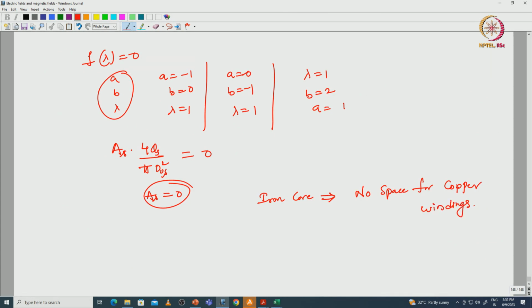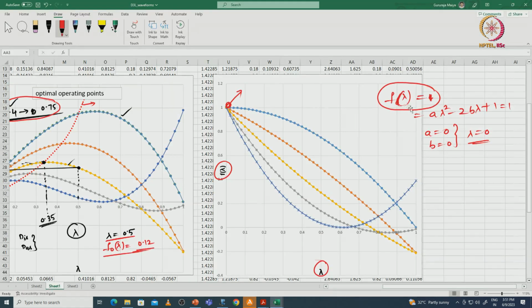Okay. So, we have to select the lambda value and f of lambda value optimally to make the proper design with respect to the windings as well as iron. That is what we can see here. The curves of the f of lambda copper function with respect to lambda, for different values of GT.